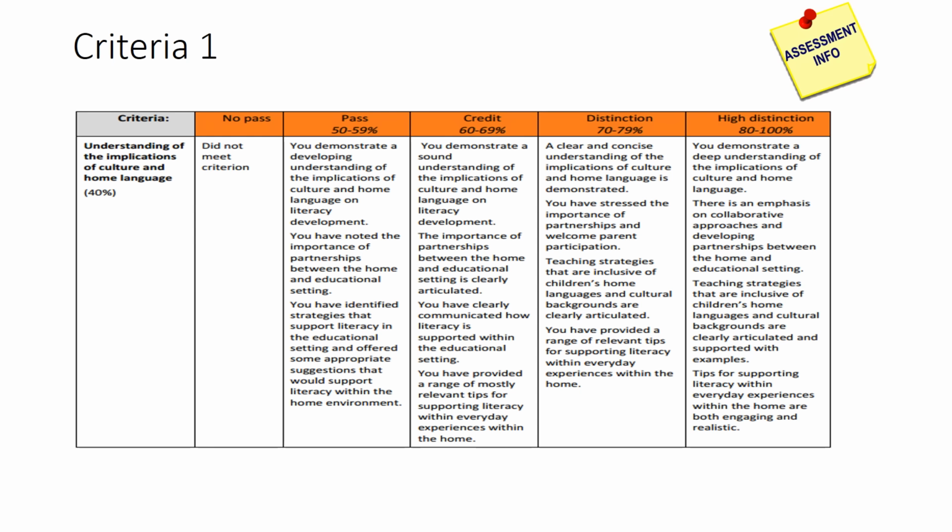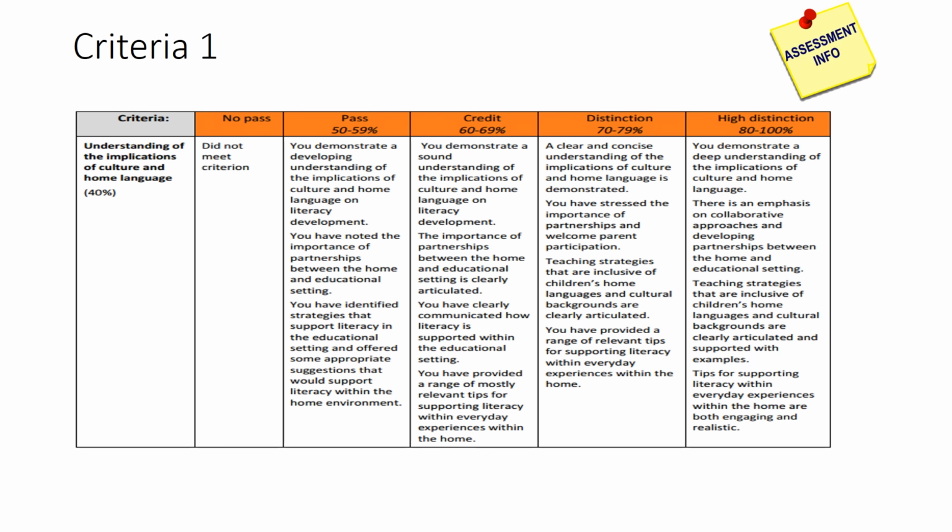Our criteria, well, I've told you you have a rubric. The first one is 40% for understanding of the implications of culture and home language. So, do you demonstrate a deep understanding of the implications of culture and home language? Do you show an emphasis on collaborative approaches and developing partnerships between the home and educational setting?